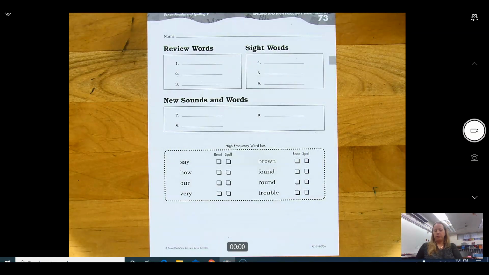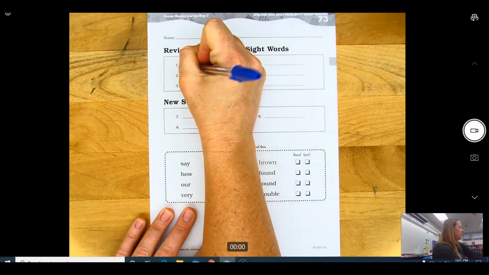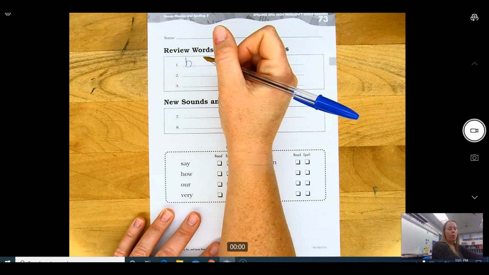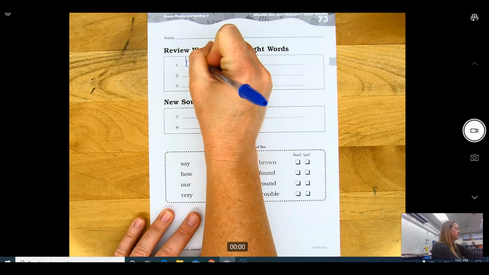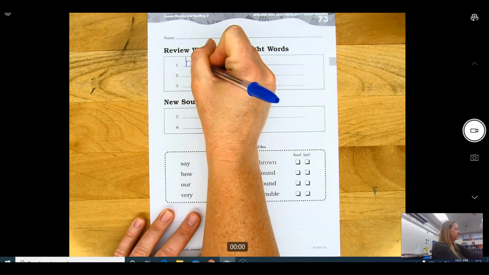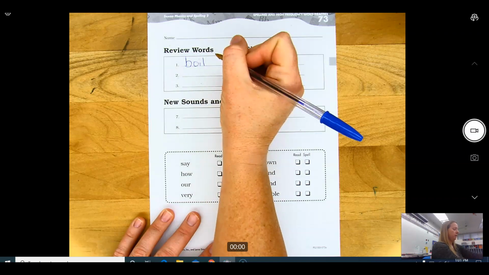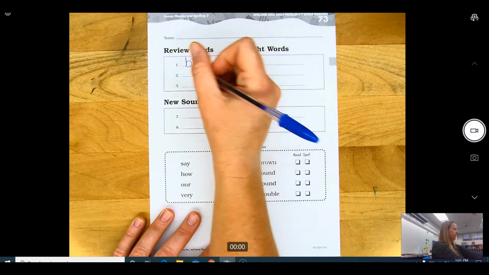Review words. Number 1, boil. B, I hear the oi sound. What makes the oi sound in the middle of a word, or initial or medial? O-I. Void.